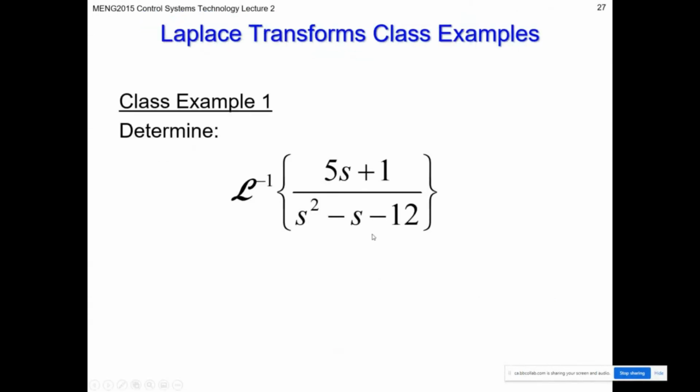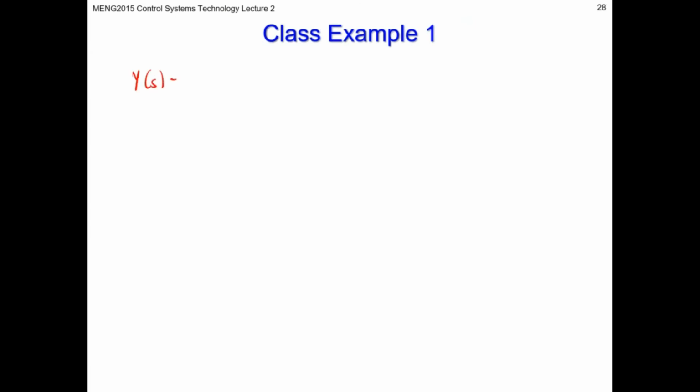This is our next example, and we're going to take the inverse Laplace transform of this function. So when we factorize, we first of all get 5s plus 1 over, well, 12, 4 and 3. 4 times 3 is 12. But this is minus 12, so you've got 1 negative, 1 positive.